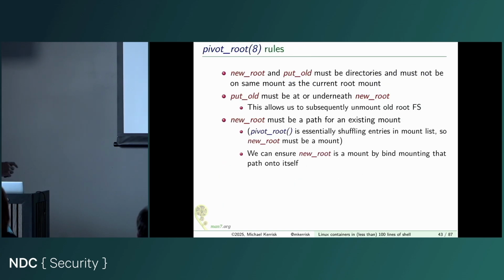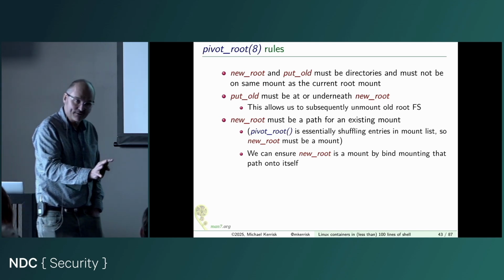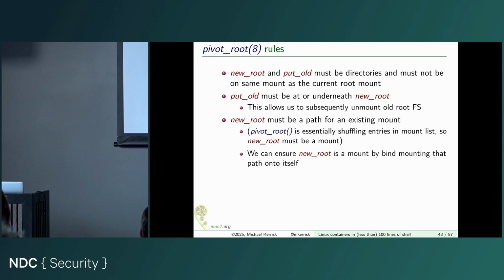New root must be the path name of an existing mount. And the reason is all that pivot_root is doing is rearranging mounts. Now, if our new root mount is not a mount, that's easy to fix. All we do is make a bind mount where we mount the same directory on top of itself, and then it looks like a mount point, and pivot_root can shuffle it around. And that's what I will be doing.